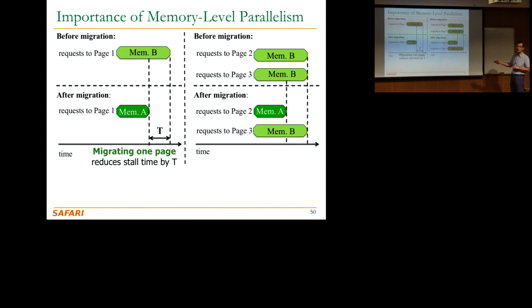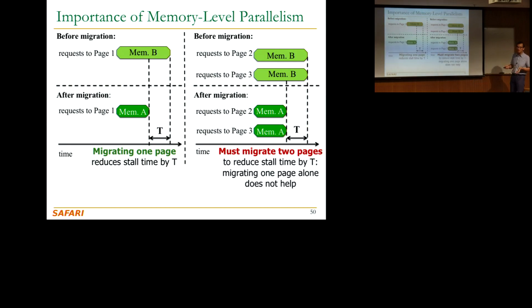If you migrate only one of those pages that the application demands to the fast memory, you don't gain anything because the application is still waiting for the page that it requests concurrently with this page from the slow memory, because you didn't migrate that one. So in order to reduce the application's stall time, you really need to migrate both pages.